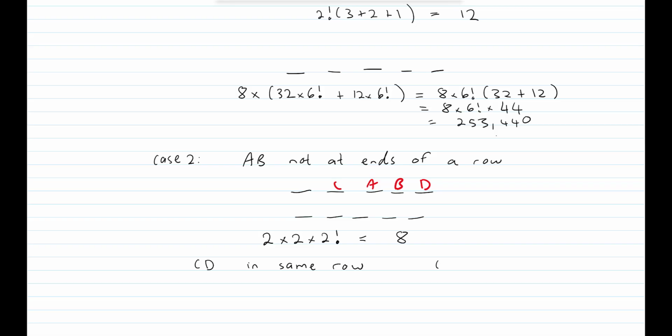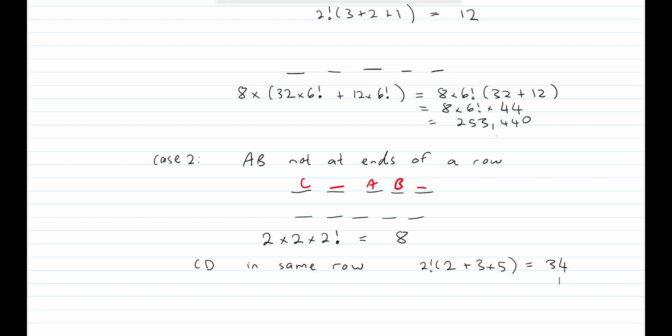So altogether there are 2 ways there. And as before, we could just have one of C and D in each row. So say I put C, we've got 3 places, and then 5 places in row 2. It's going to be 3 times 5, and then we times that by 2 factorial, and we get 34. So that's at least one of C, D in the same row as A and B.